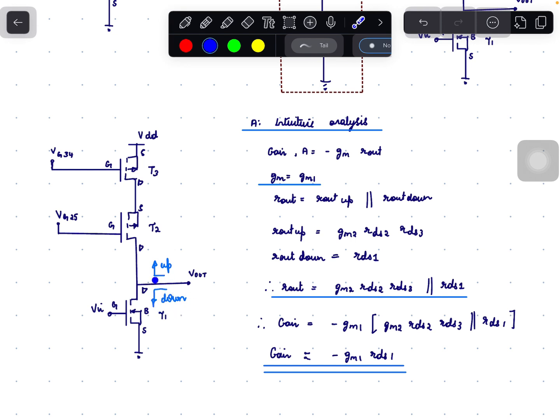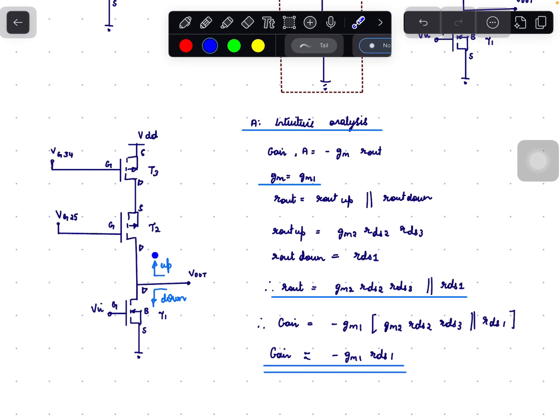So R out down is nothing but the output impedance seen at the drain of the NMOS, which is equal to RDS1. R out up is the output impedance seen at the drain of T2 when T3 is present. This is equal to RDS3 times gain of T2, that is Gm2 RDS2.